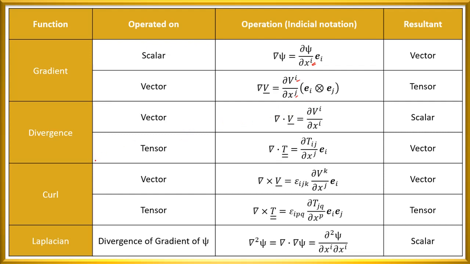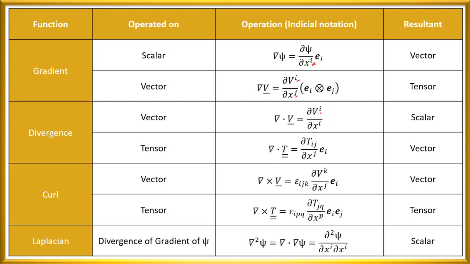Now let us look into another function, that is divergence. When this function acts upon a vector, the divergence of a vector will produce a scalar. Let's see how. Del dot v will be written in tensorial notation as dou by dou xi on vi.